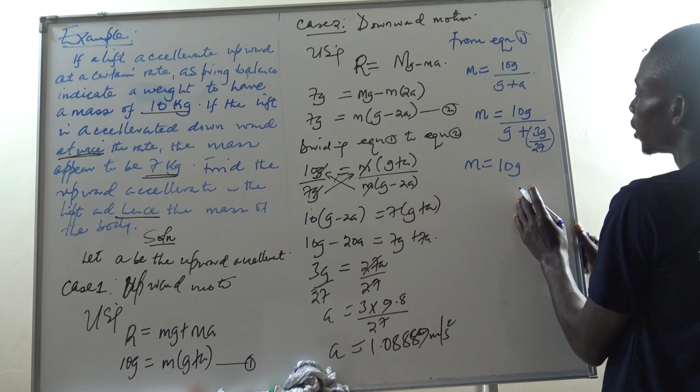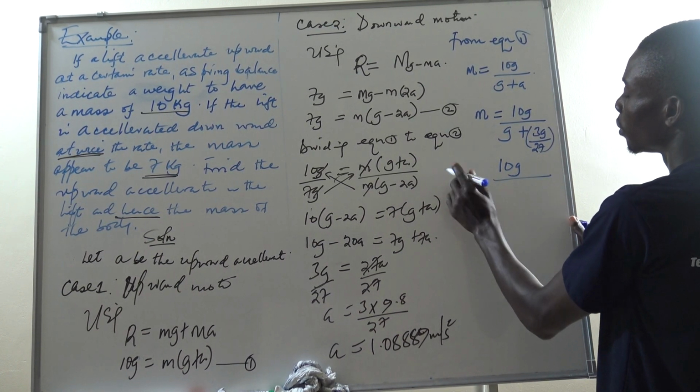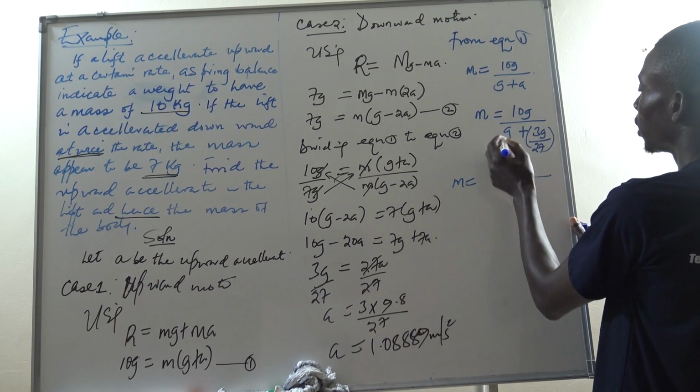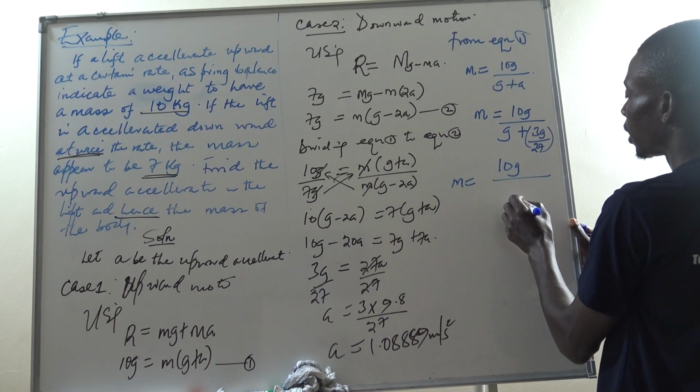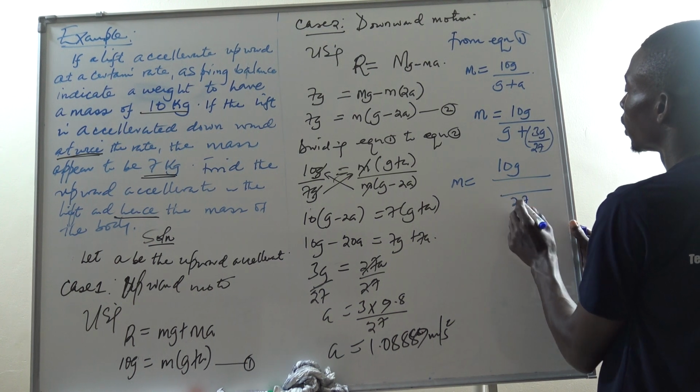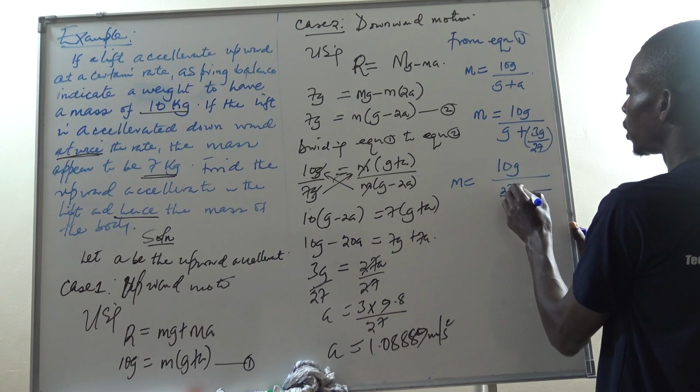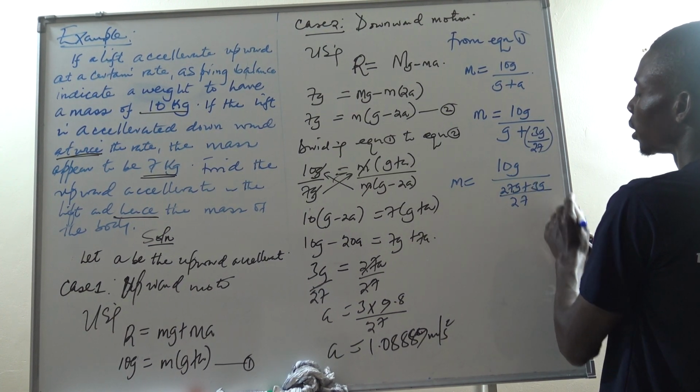10g out of, what is the LCM here? That is 27, so 27g plus 3g.